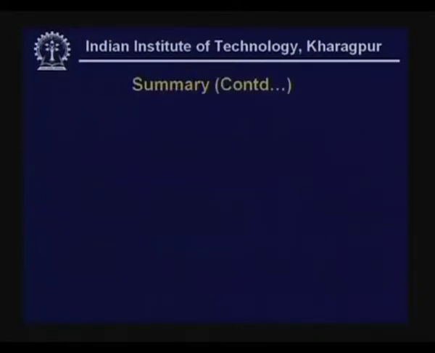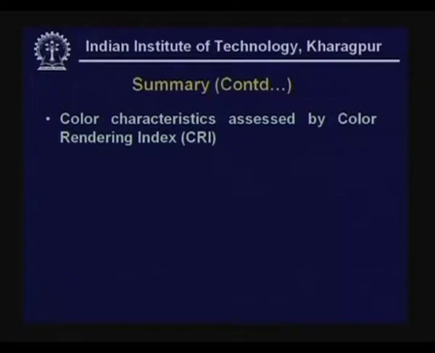Now, in order to specify this for the lamps or the sources, we use an index called the color rendering index. By definition, it is an index which tells how well this source is able to retain the parent color, just as it was in reference light conditions. We have seen the most ideal reference condition would be natural daylight.